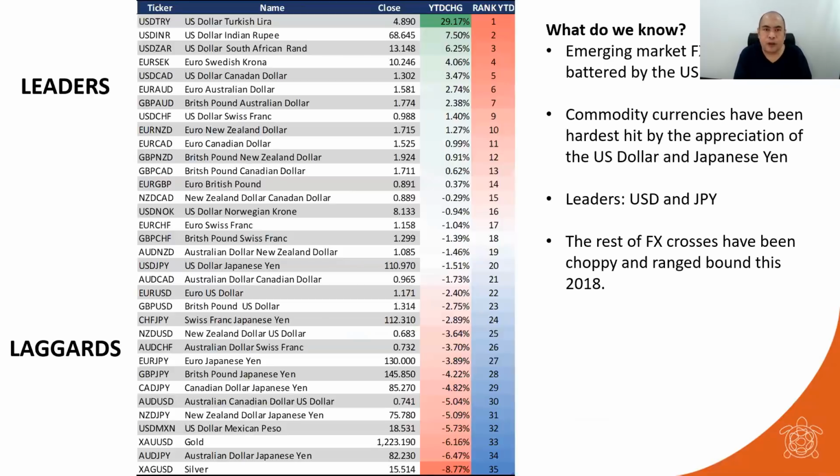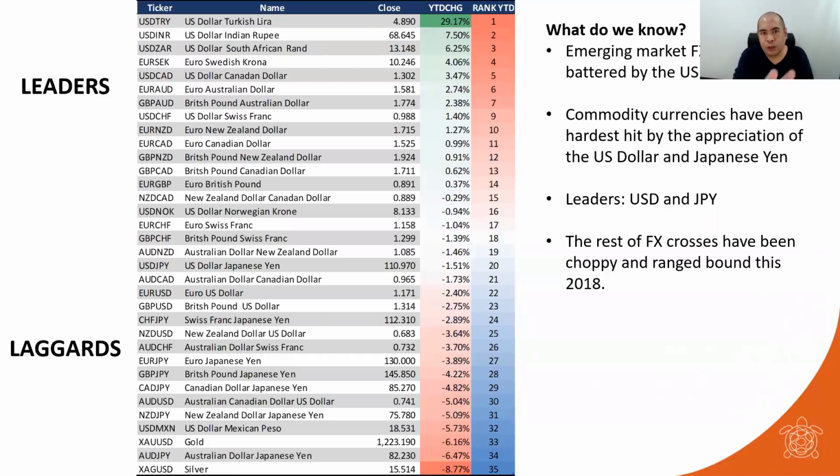Again, the year-to-date approach can be applied in different asset classes. So for example, if you're trading FX, if you rank FX in terms of year-to-date returns, you're following anywhere between 20 to 35 FX pairs.